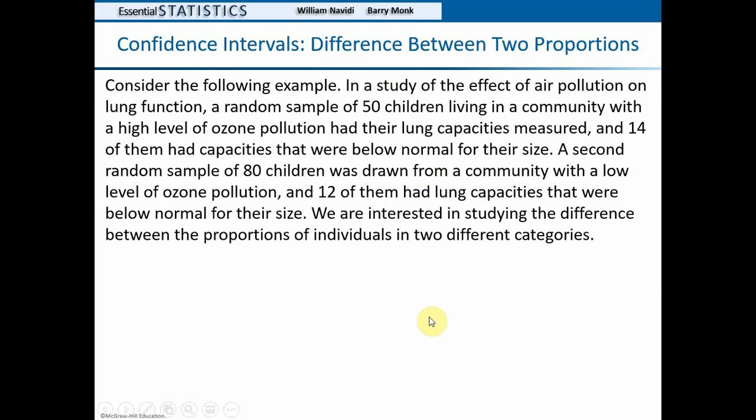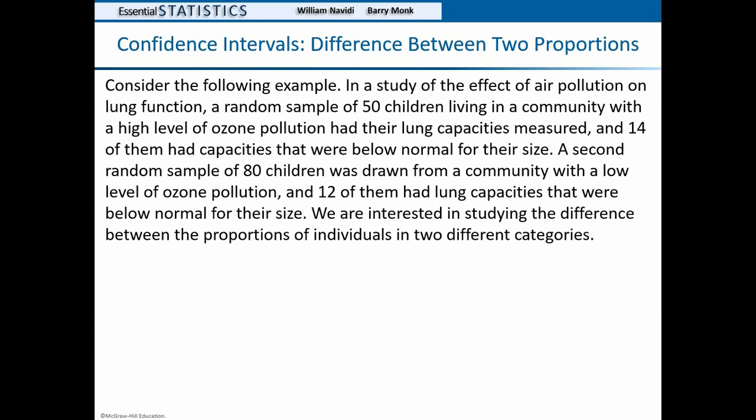So consider the following example. In a study of the effect of air pollution on lung function, a random sample of 50 children living in a community with a high level of ozone pollution had their lung capacities measured. 14 of them had capacities that were below normal for their size. A second random sample of 80 children was drawn from a community with a low level of ozone pollution, and 12 of them had lung capacities that were below normal for their size.